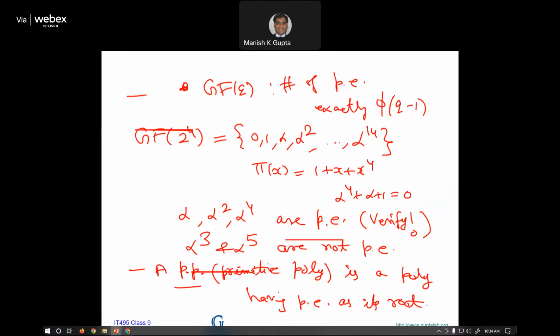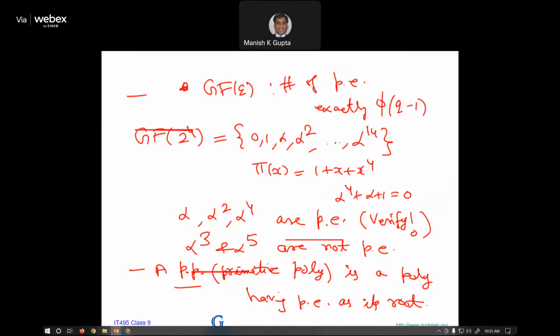By the way, there is another interesting relationship. As you know, when we go from reals to complex, in the real case, if there is an equation like x square plus x plus 1 equal to 0 over reals, what are the roots? Complex numbers, right? You can find them with minus b plus or minus square root of b square minus 4ac divided by 2a. That formula you can compute.